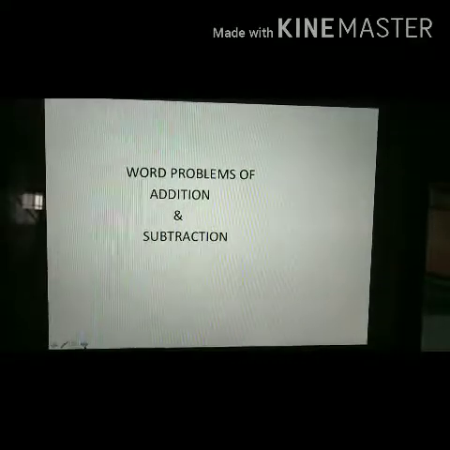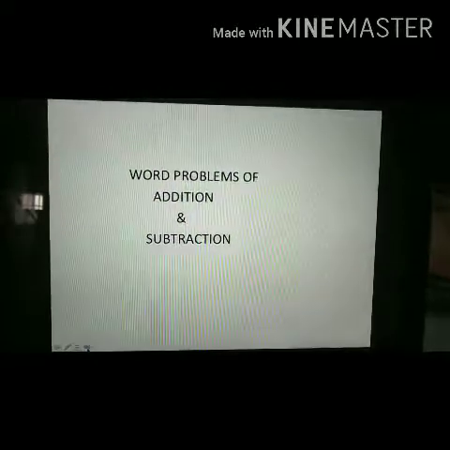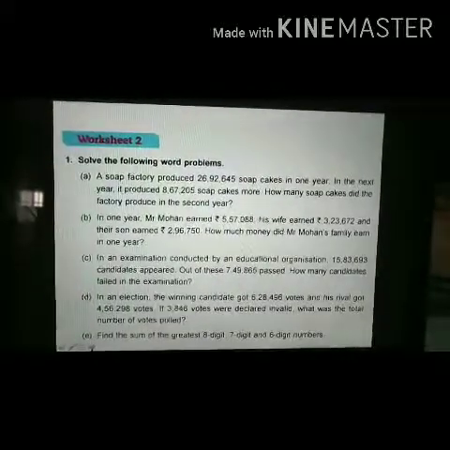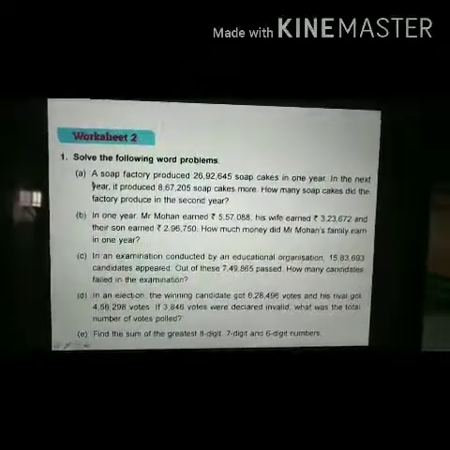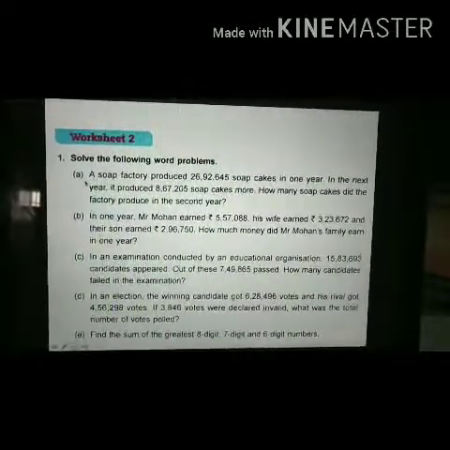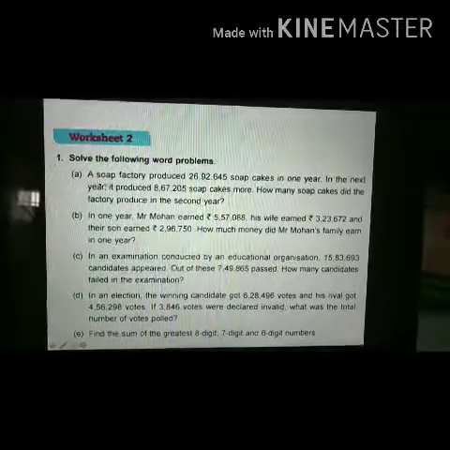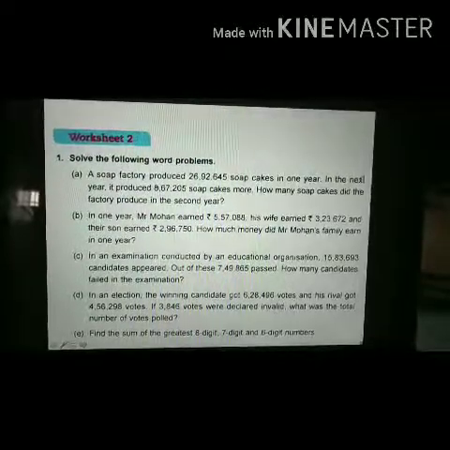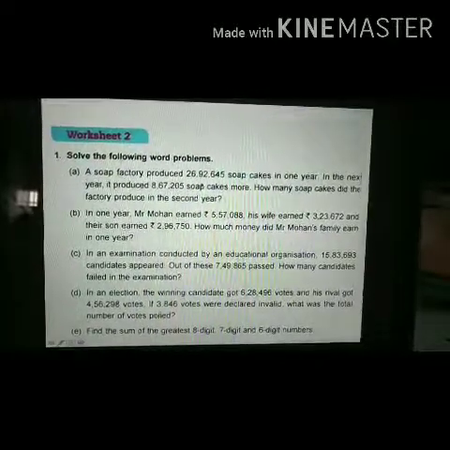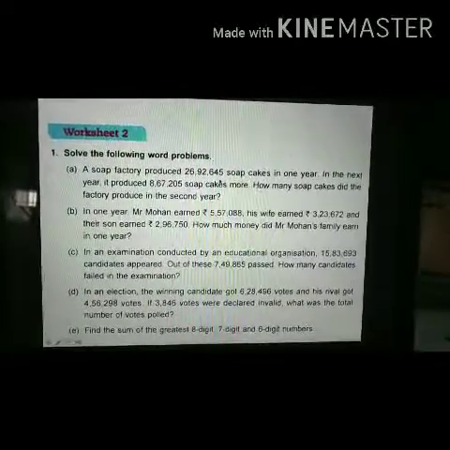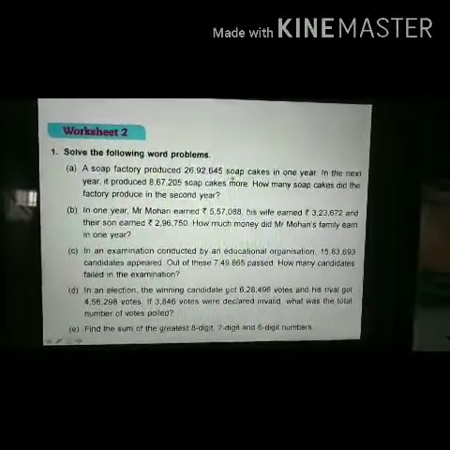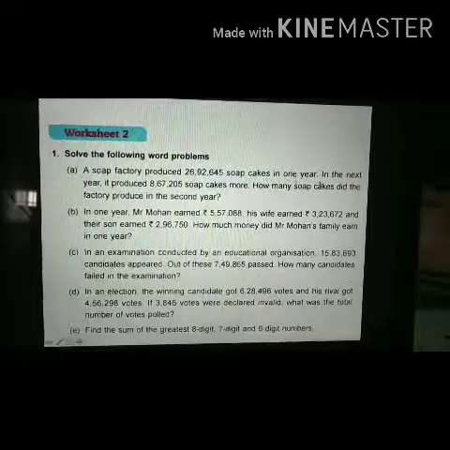We will start word problems of addition and subtraction. That is our worksheet 2. And the first word problem is: a soap factory produced 26,92,645 soap cakes in 1 year.